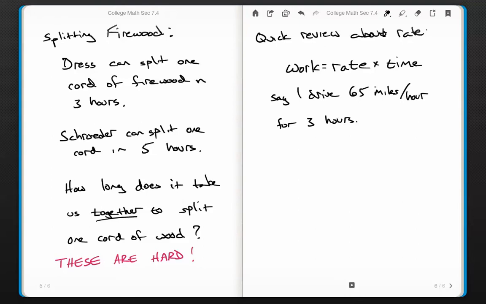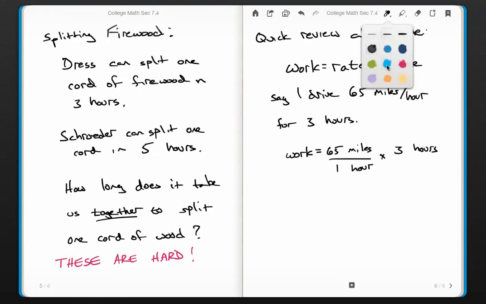Well, how much work did I do? I mean, granted, driving is not that much work, but work equals the rate, which is always something divided by time. So it's 65 miles per 1 hour times 3 hours. Well, something kind of cool happens here, that the units actually cancel out.